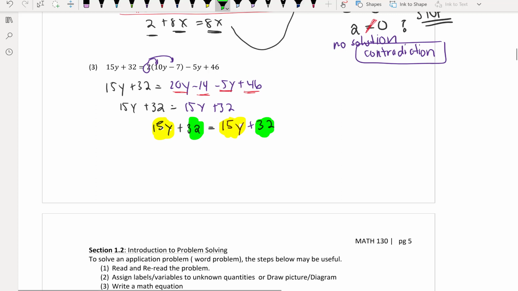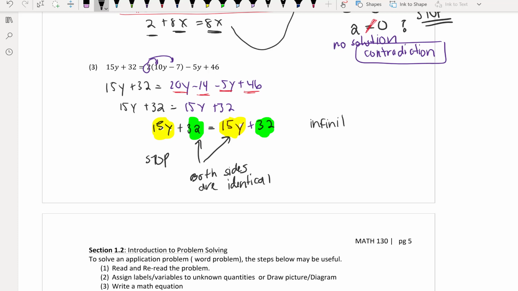And of course you have that equal sign right in between them. So these values are exactly the same on both sides. So you can stop and realize that both sides are identical. And because they are identical, then you're going to say it's an infinite amount of solutions.